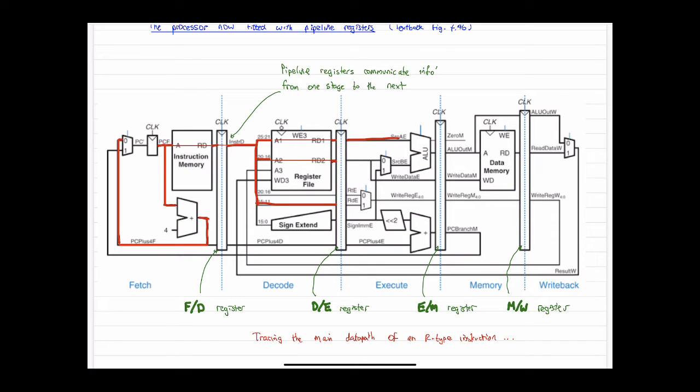And the third thing, of course, is the destination register, which we're going to pass along the pipeline to the very last stage. So in the execute stage, the ALU gets the contents of the GPRs, general purpose registers, and again we pass along the destination register, the write register, to the next pipeline stage.